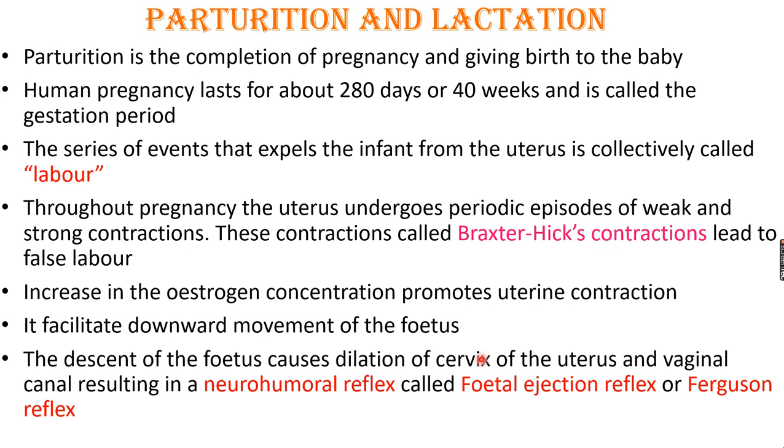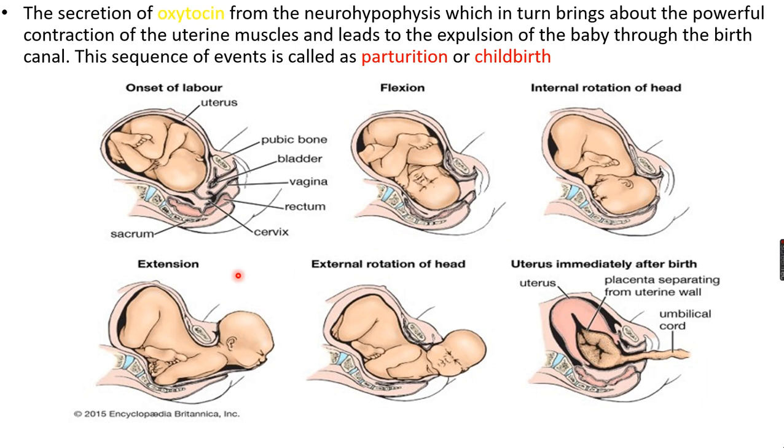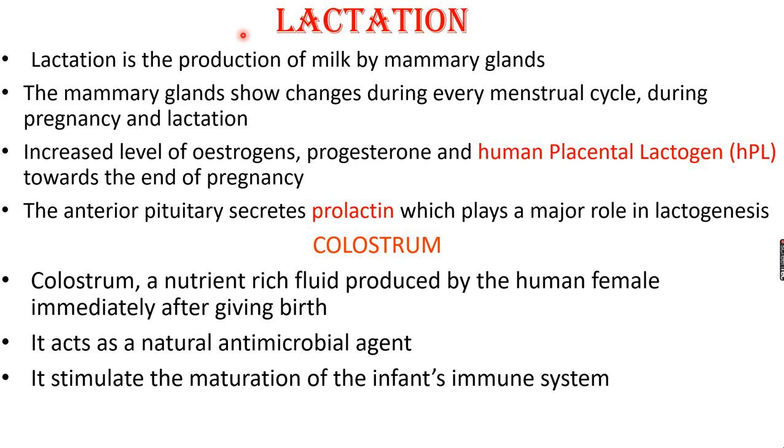And this is called, very important, the neurohumoral reflex, fetal ejection reflex, and Ferguson reflex. So this is parturition. The head portion descends, it can rotate and extend and it will come out. This expulsion of the baby through the birth canal, this sequence of events, is called parturition and childbirth.